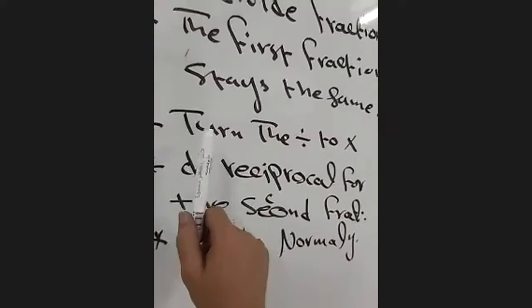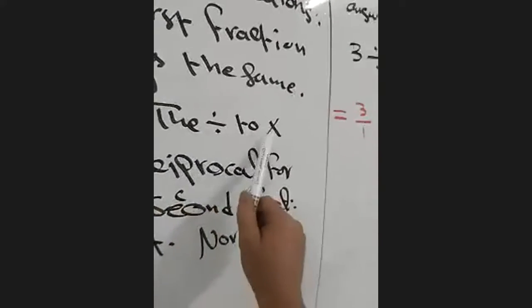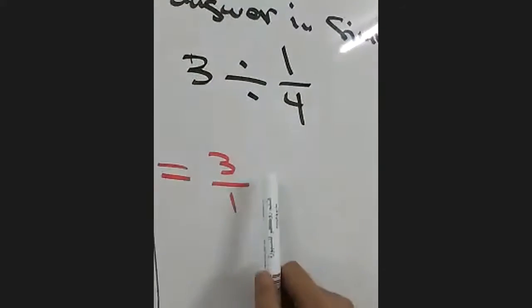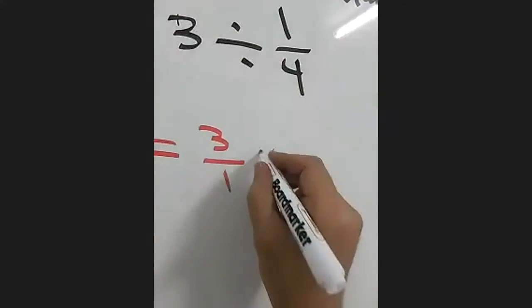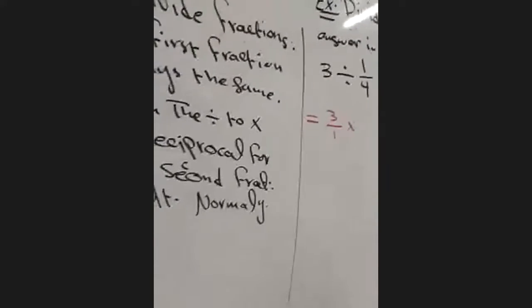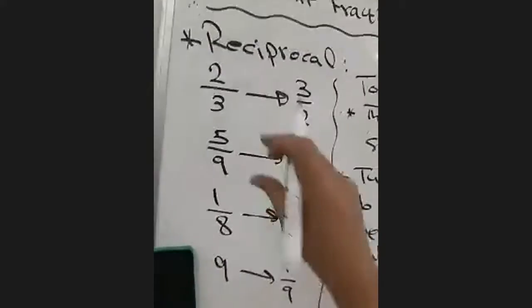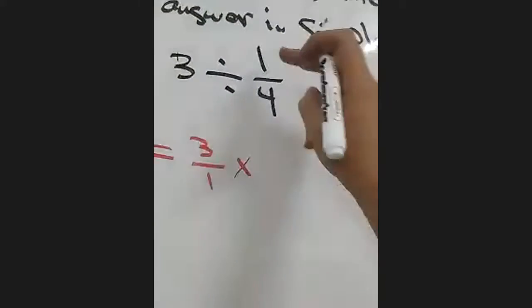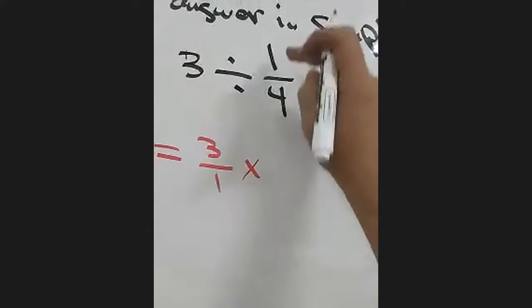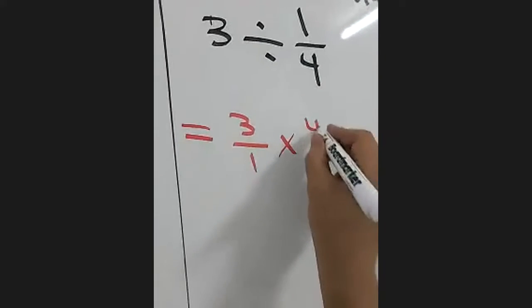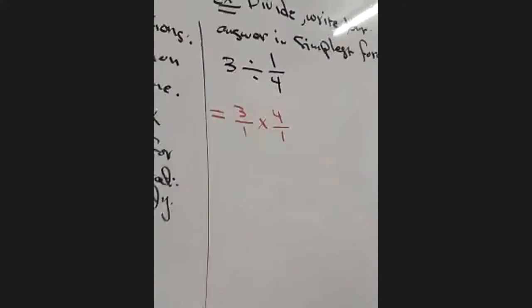The second step, turn the division to multiplication. The third step, do what? Reciprocal. What's the reciprocal? We flip the fraction. Make the numerator the denominator and the denominator the numerator. It will be 4 over 1, like this.